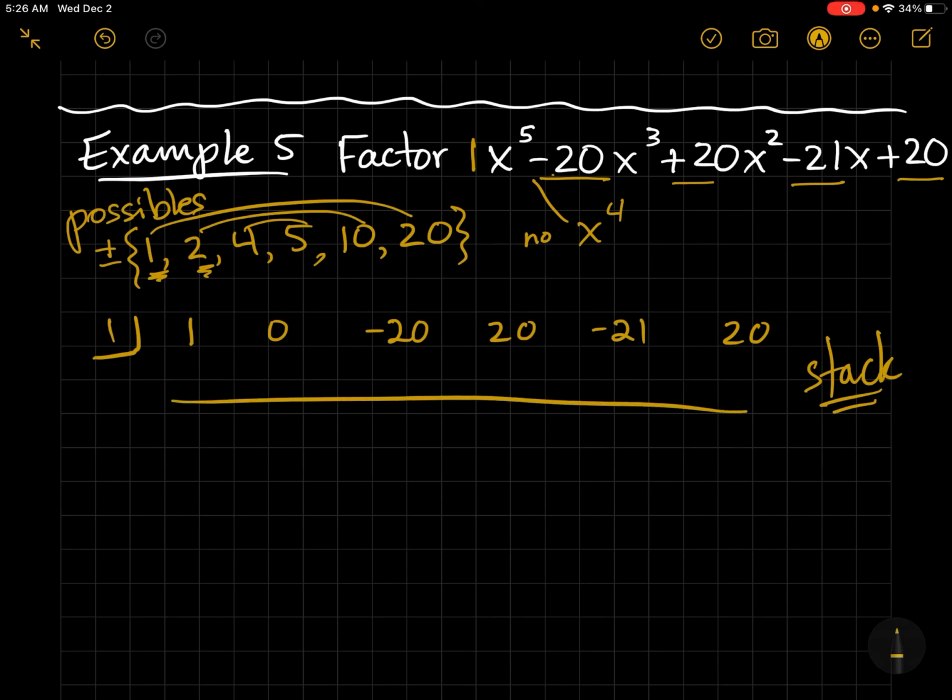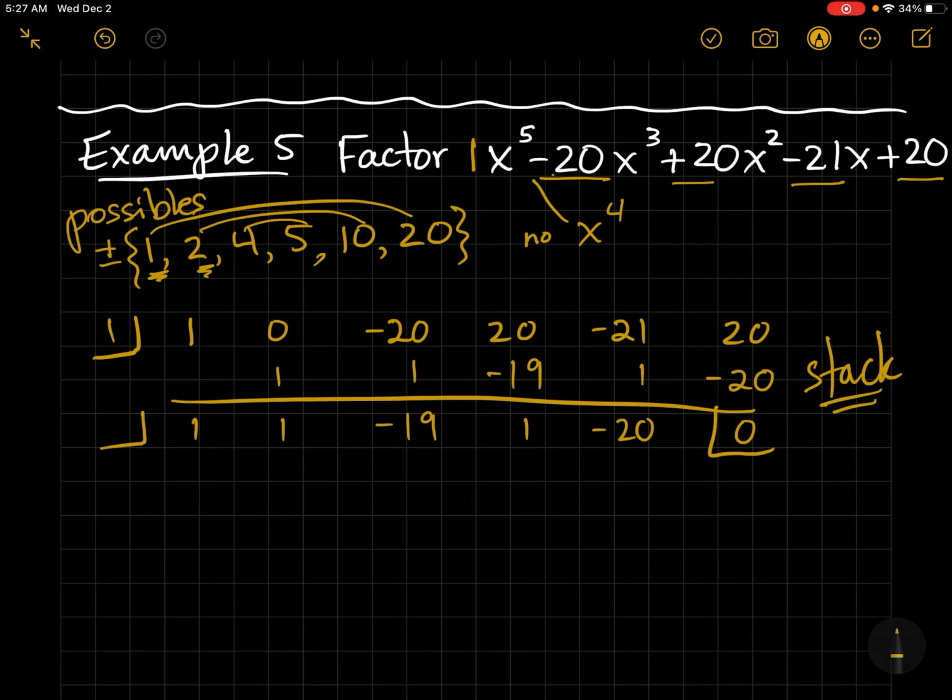So I'm going to check my 1 again. -19, -19, 1, 1, -20. Oh, thank goodness that worked. And I just wanted to give you a feel of how this process really goes.